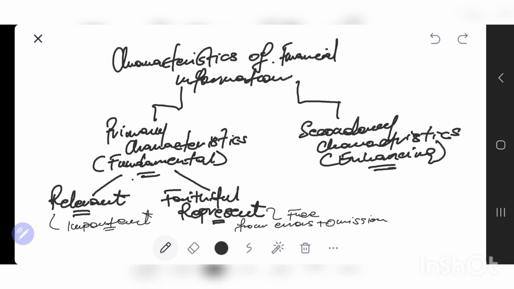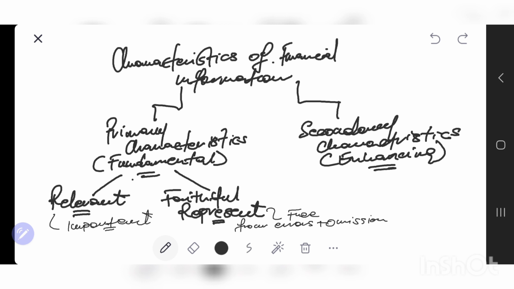Omissions is when you leave out information, and errors are mistakes. So if information is free from these errors and omissions, we say that it faithfully represents what happened in the business, because it entails everything or most of the things that happened in the business on that particular financial year.